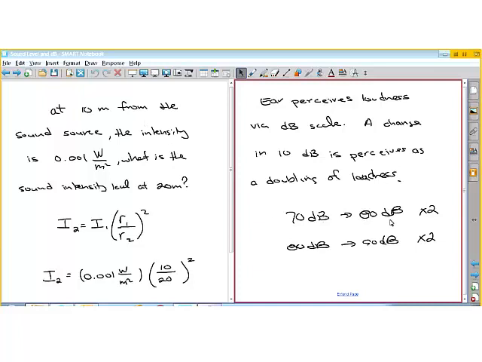So if you go from 70 decibels to 80 decibels, the 80 decibel sound sounds twice as loud as the 70 decibel level. Likewise, if you go from 80 decibels to 90 decibels, this sounds twice as loud, perception-wise.